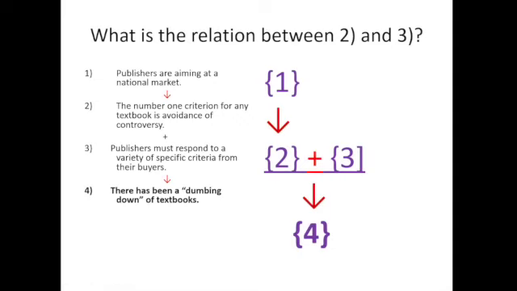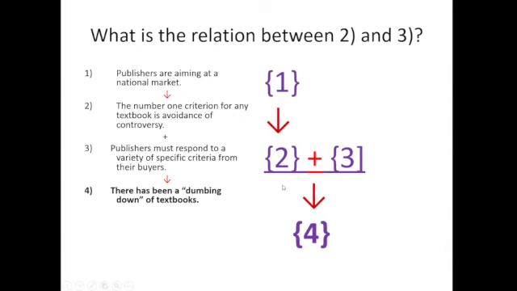Now, recall that this was distinct from the convergent inference. In the convergent inference, we may, for example, have a proposition 2 and a proposition 3, both of which by themselves lead to 4. So in that case, we wouldn't have a plus. We would write 2 here, we would write 3 here.